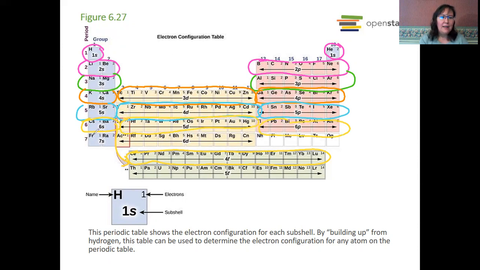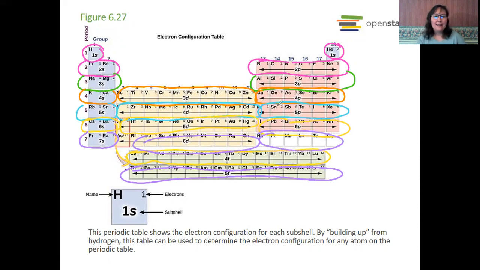Okay. And then last we have 7s, 5f, 6d, and then these down here, which would be 7p, except that they don't really do anything. They don't exist for long enough to actually do anything interesting. However, if they did, this is where they would be. Okay.